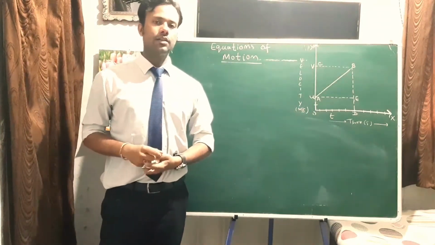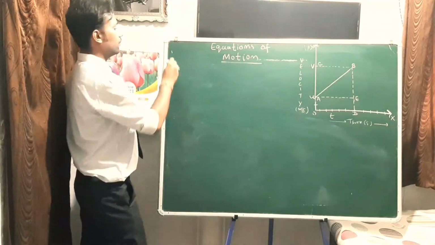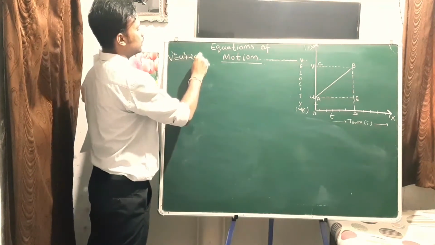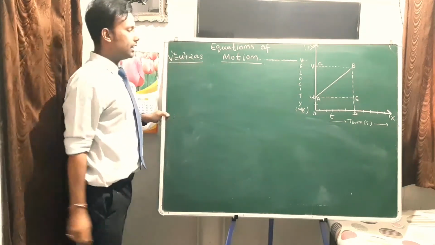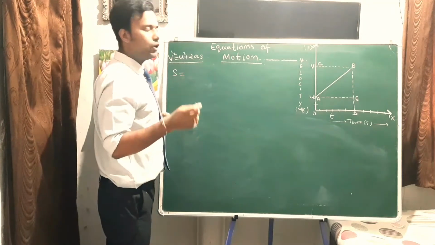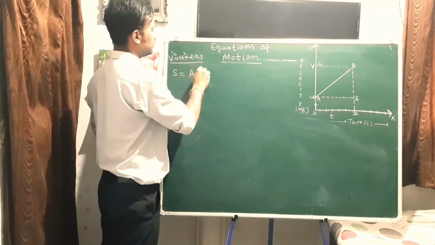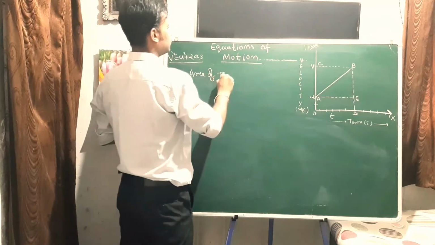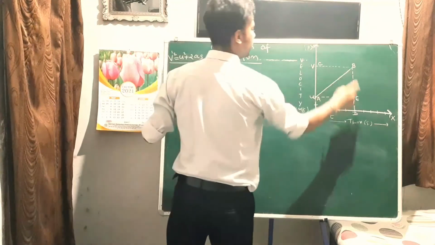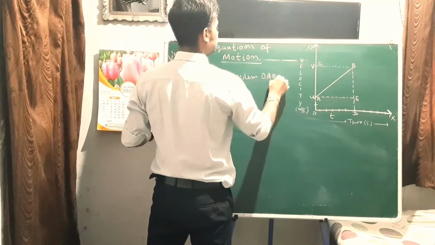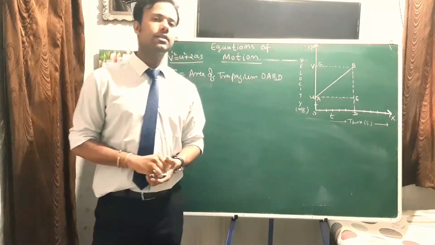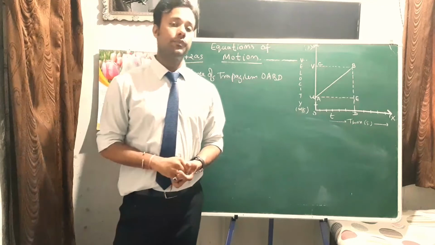Let's find the third and last equation of motion, which is V square equals U square plus 2AS. Again, the distance S can be written as the area of trapezium OABD. In the previous case, we divided this trapezium into two parts, the rectangle and triangle.